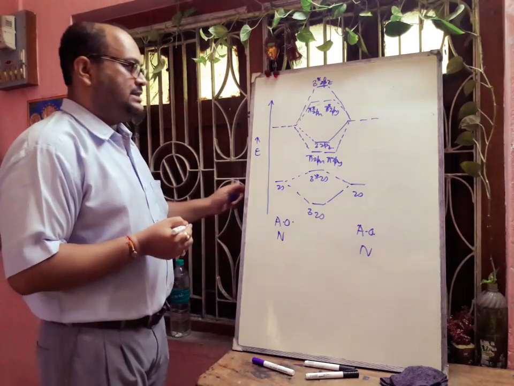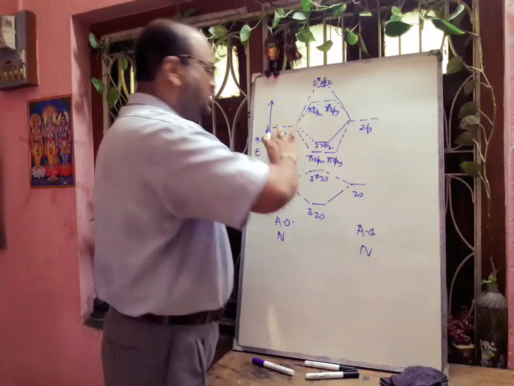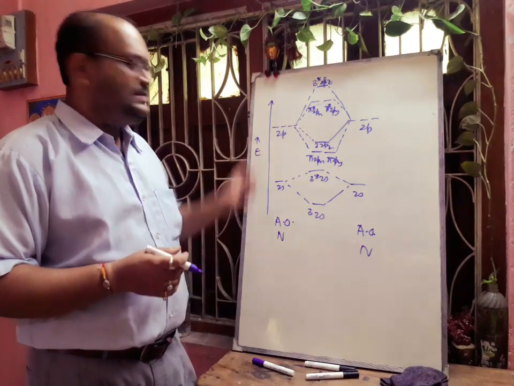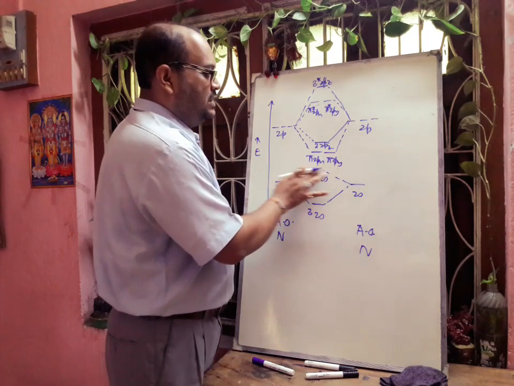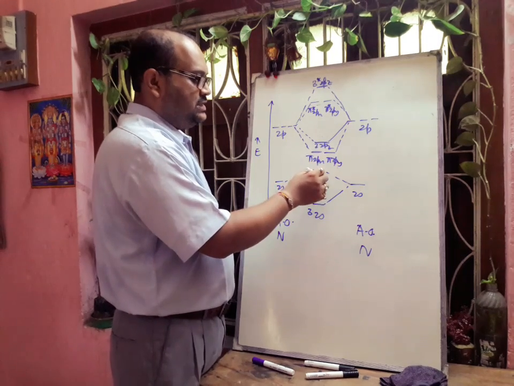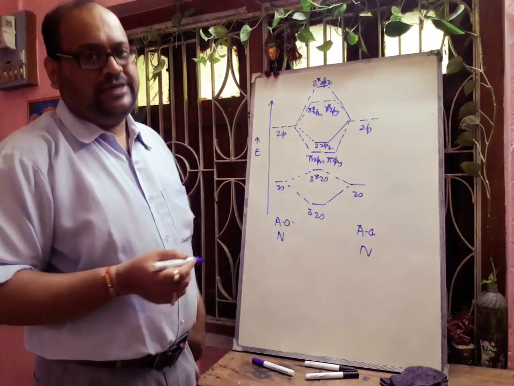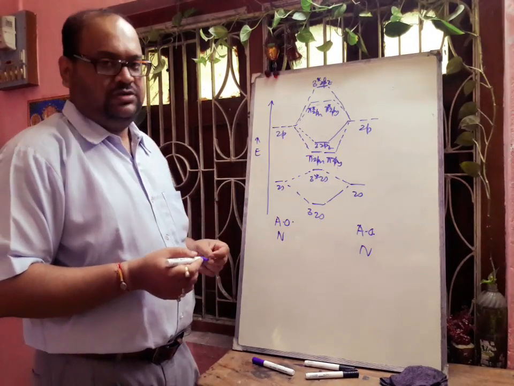Now the energy gap between 2s and 2p is small, so definitely there will be sp interaction, sp mixing. Because of this sp mixing, there will be repulsion between the sigma star 2s and sigma 2p, which will go above, and pi will be more stable and will come down. That you have to understand and remember also.